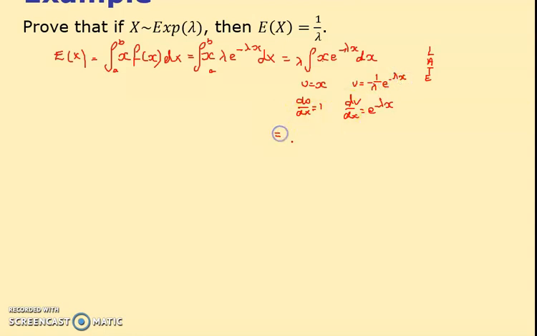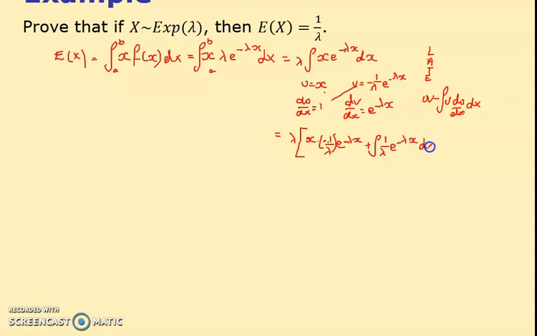So I put this into my equation. Remember the formula is uv minus the integral of v du by dx dx. So lambda times u times v: that's x times minus 1 over lambda e to the minus lambda x, minus the integral of that same thing. Again, it's a minus, so I can just ignore it, and notice that's times by 1 when I do that. So 1 over lambda e to the minus lambda x.